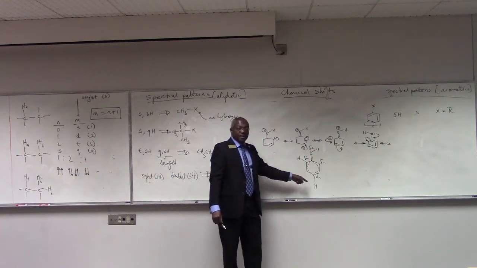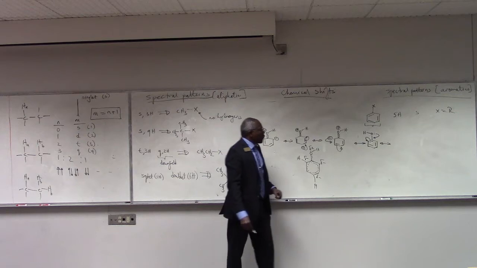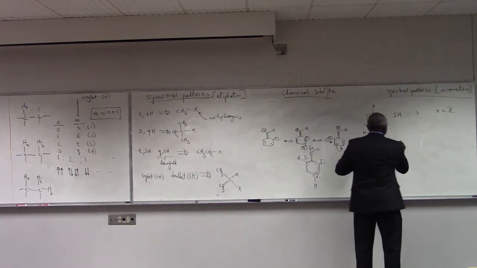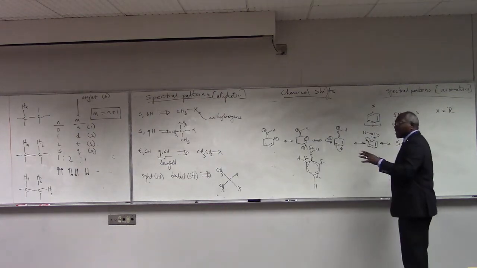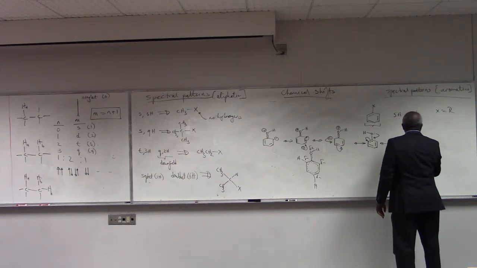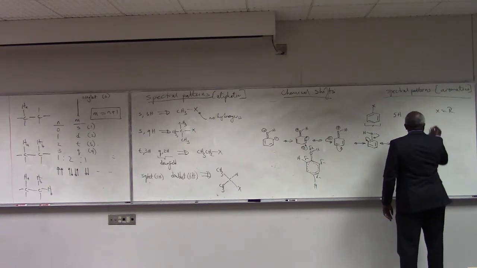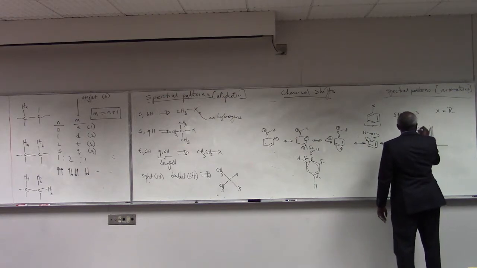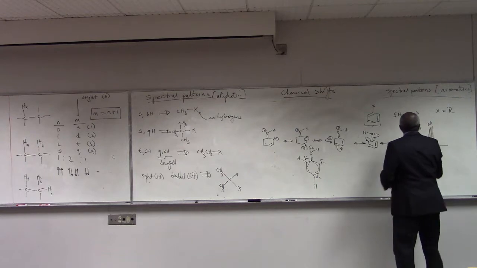Those H's are shielded. So what you will get in a spectrum like this is that it will integrate for 5 protons, yes. But what you'll see is a downfield signal for 2 H's and then an upfield one for 3 H's. You get 2 H's here and 3 H's here.